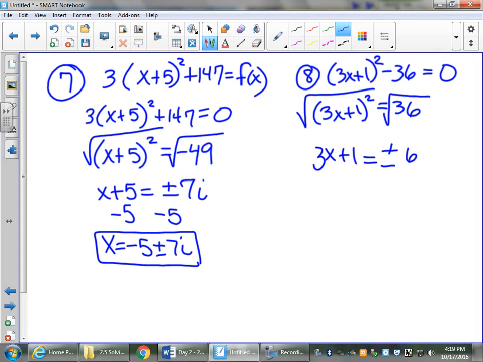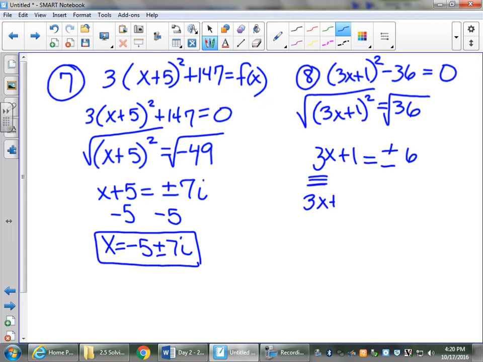And this one's a little trickier because the coefficient of x here is a 3 instead of a 1. So I'm going to suggest, instead of trying to do this mentally, like subtract the 1 and divide by 3 to positive and negative 6, it's probably easier if you set up 2 separate equations. You're less likely to make a mistake.